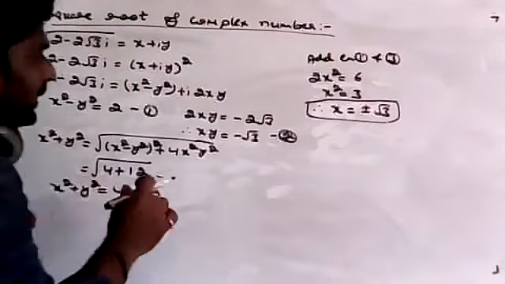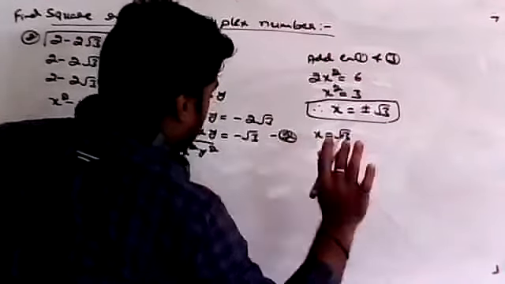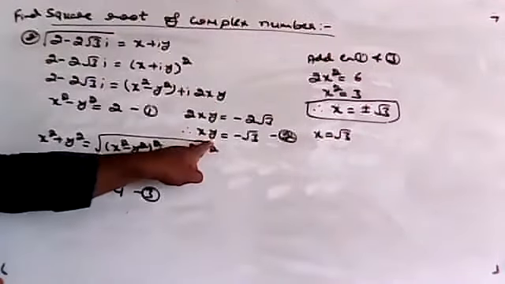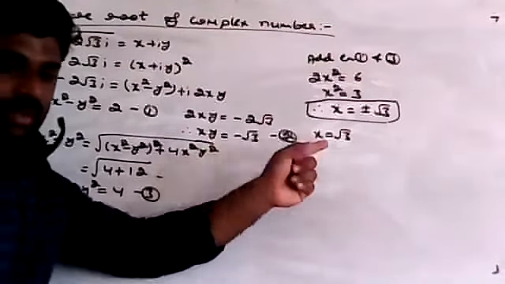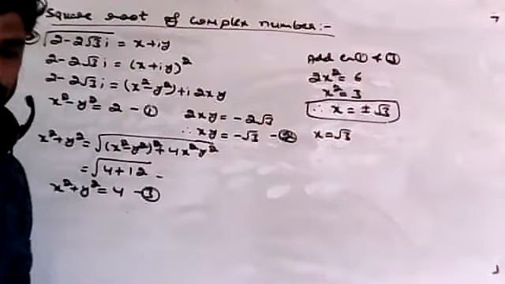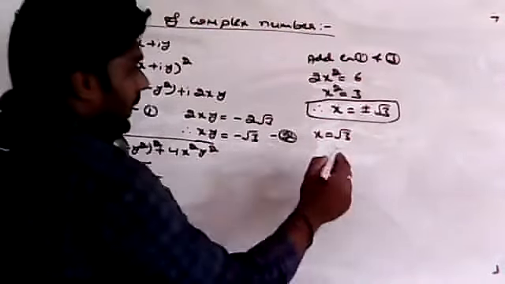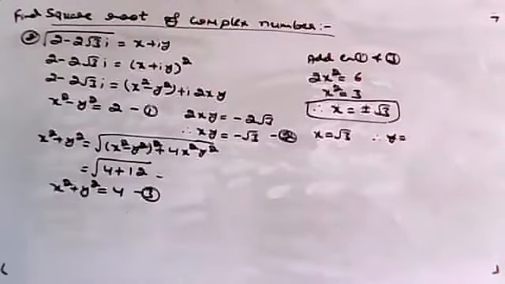Now take when x equal to plus root 3. Remember. What is the y value? Tell me. In this equation you see, when I take x equal to plus root 3, what is the y value we'll get? Yes, good.